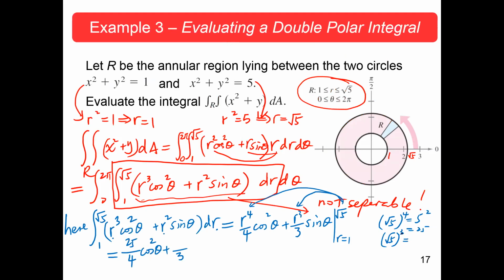It'll be root of 5 squared times an additional root of 5, so 5 root of 5, sine theta.